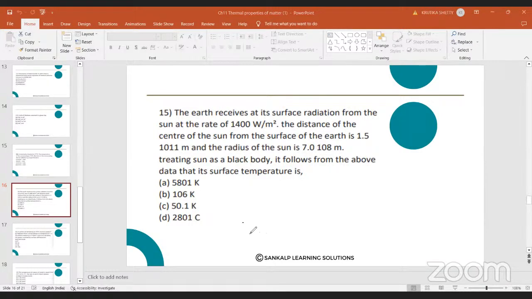the power radiated is equal to sigma A T to the power 4. So here sigma I'll keep as it is. Area of the sphere, sun. So area of the sphere is given by 4 pi r square T to the power 4, right?